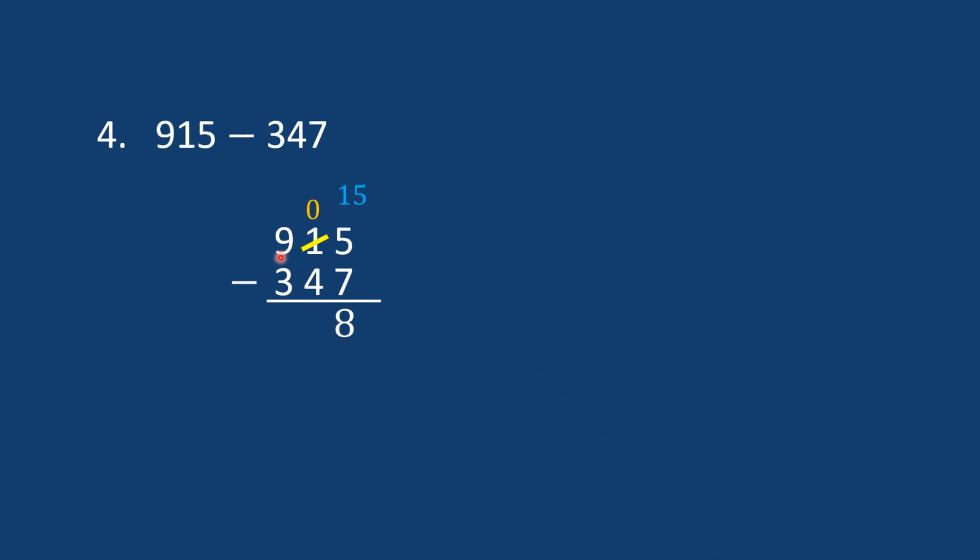We must borrow 1 from 9. 9 becomes 8. And then 10 plus 0 is 10. 10 minus 4 is 6. And then 8 minus 3 is 5. So the answer is 568.